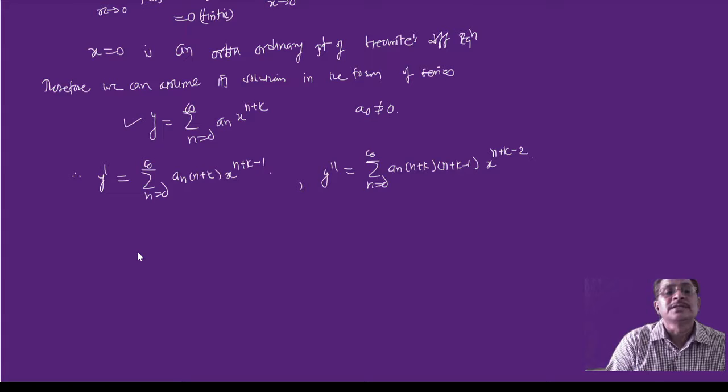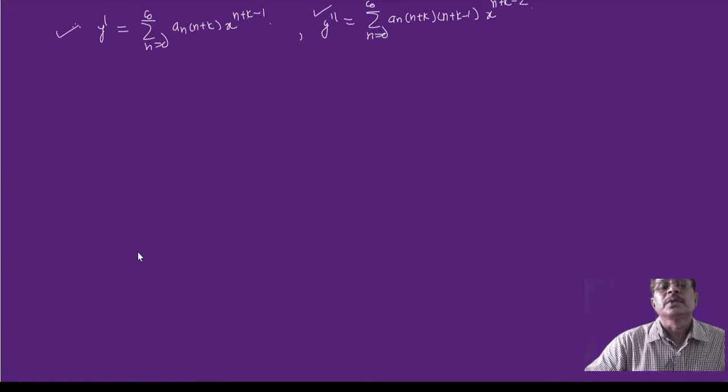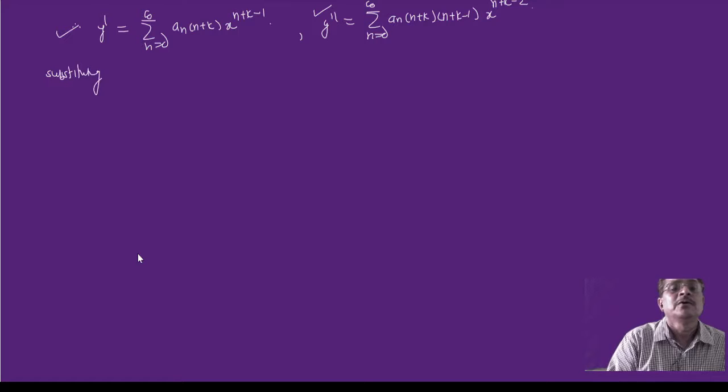So this and this are to be substituted in our equation number 1. Substituting y dash and y double dash in equation 1, that is the Hermite differential equation, let's write all these things.